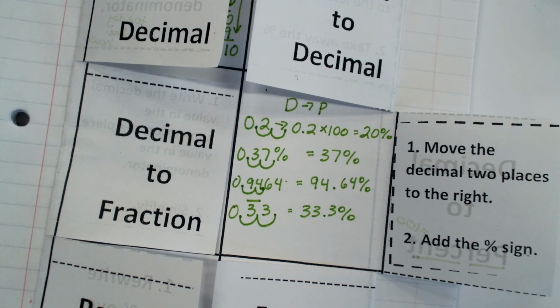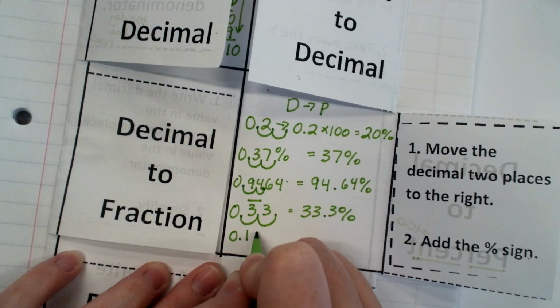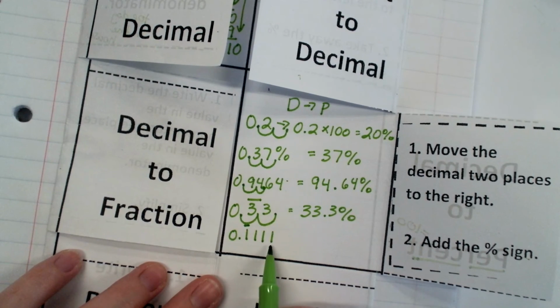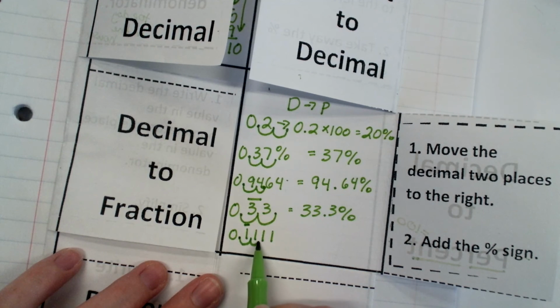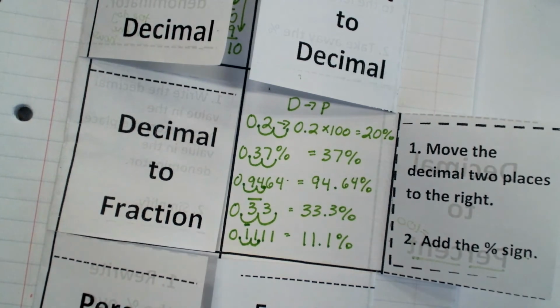And what you might do if you see a repeating decimal, let's say you have 0.1111. If it says 0.1 repeating, I would go ahead and write out a couple of 1s. So when you move your decimal, you know to leave those numbers there. So that would be 11.1% is what I would write.